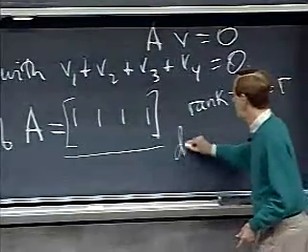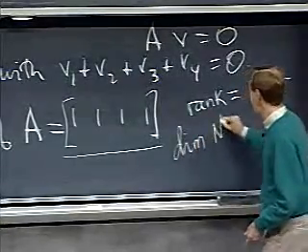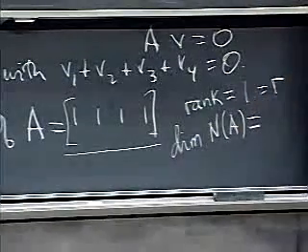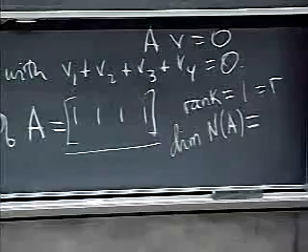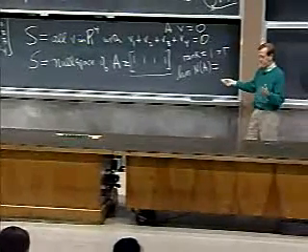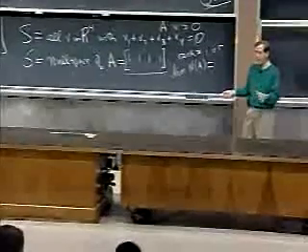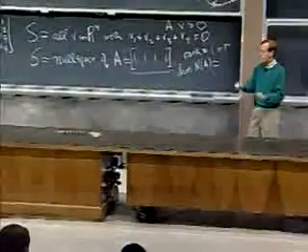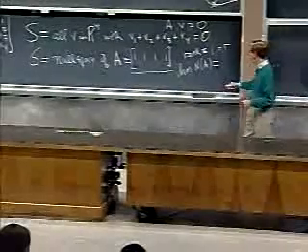For an m by n matrix of rank r, how many independent vectors are in the null space? n minus r, right?